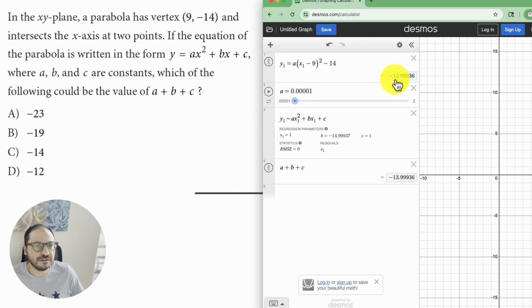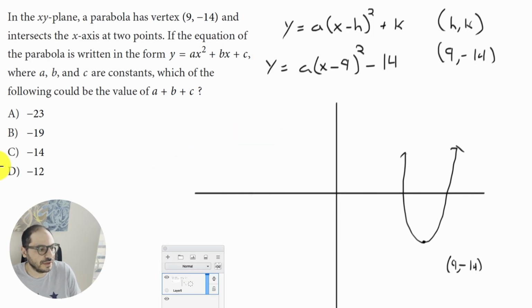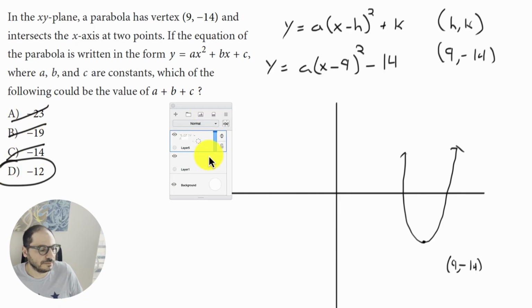It goes to negative 13.9936. So it's never going to reach negative 14. And basically the higher I go, the bigger a plus b plus c is. So if it can't be lower than negative 13.9, we can get rid of answer choices C, B, and A. So it can only be D. So that's that.